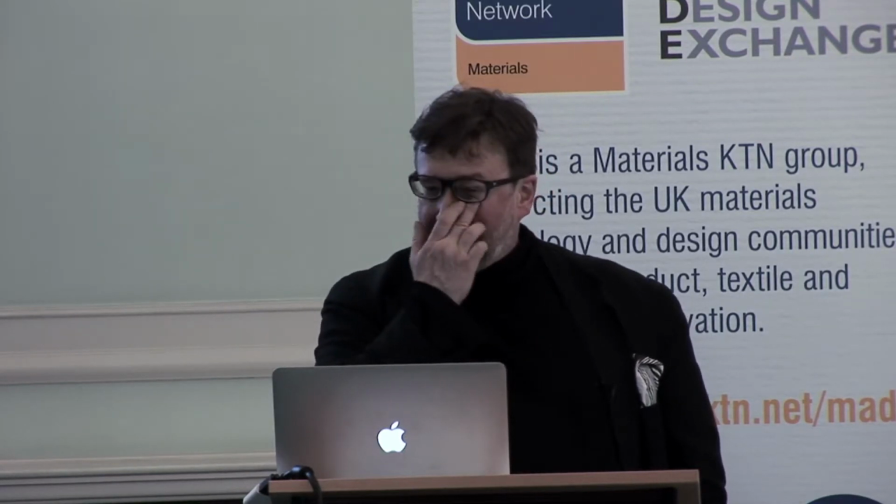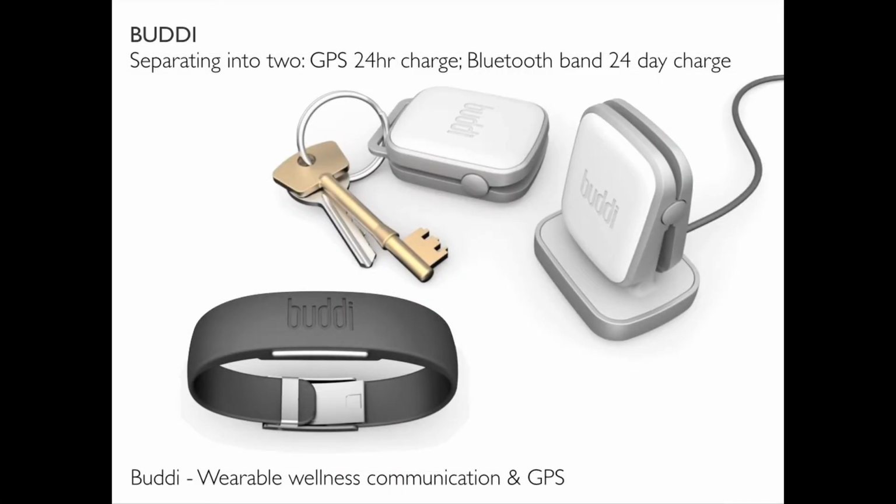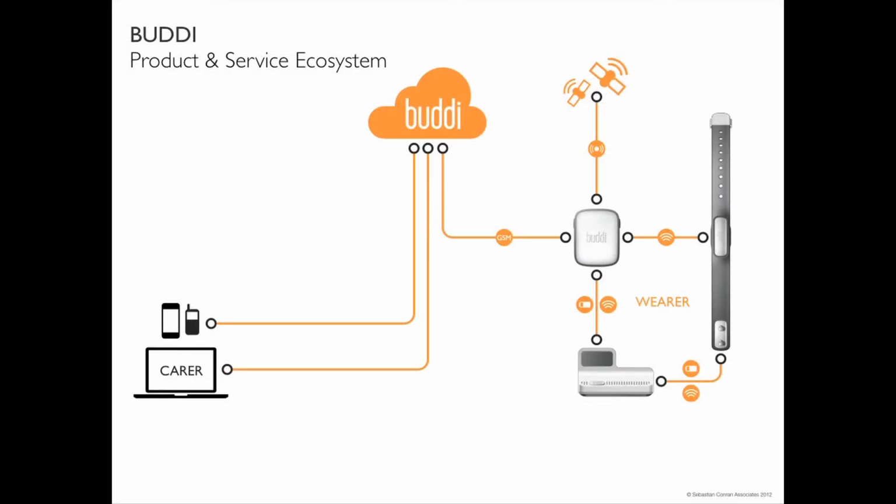And so they came to us and we thought, well, what we do is we split them up into a wristband that you could wear in the shower and in your sleep without strangling yourself. And then a clip. So when you left the house, you would take the clip, which is actually like a mobile phone without buttons. And it's all about the ecosphere of the system.